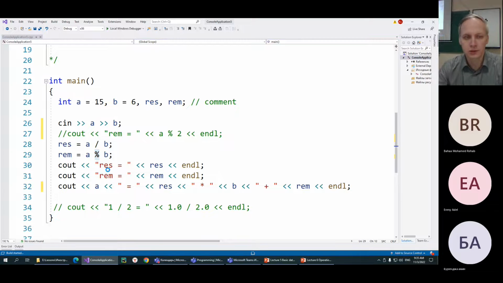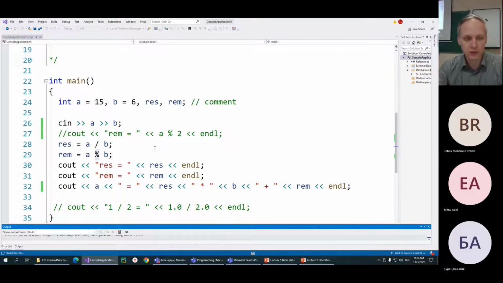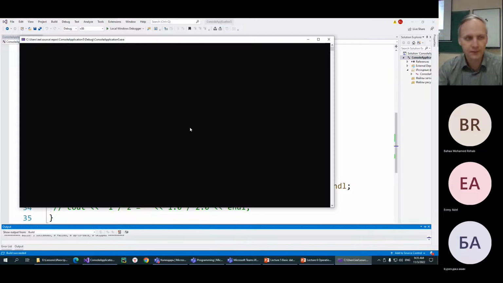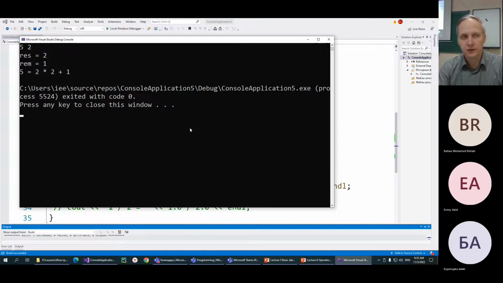I will show you several examples from the previous lesson. Let me run this simple project again. I enter two numbers, for example 5 and 2, and the result of the division 5 over 2 is 2, and the remainder is 1. So 5 equals 2 times 2 plus 1.